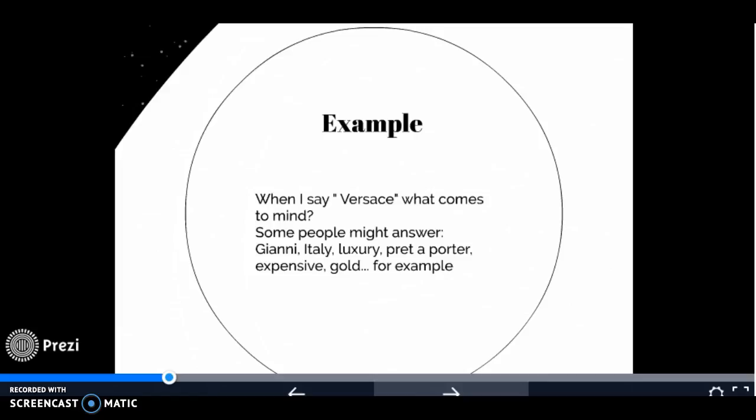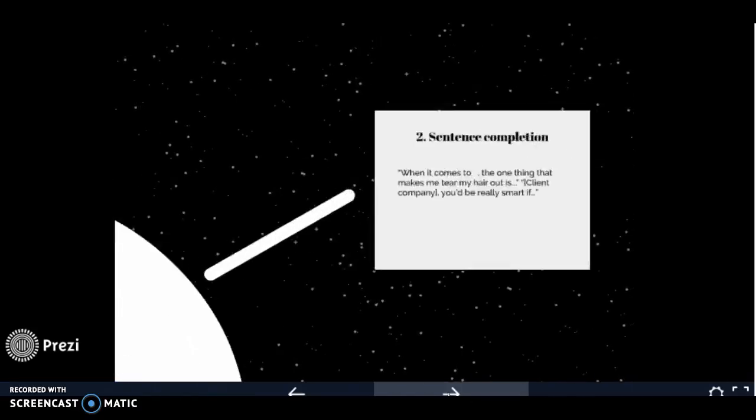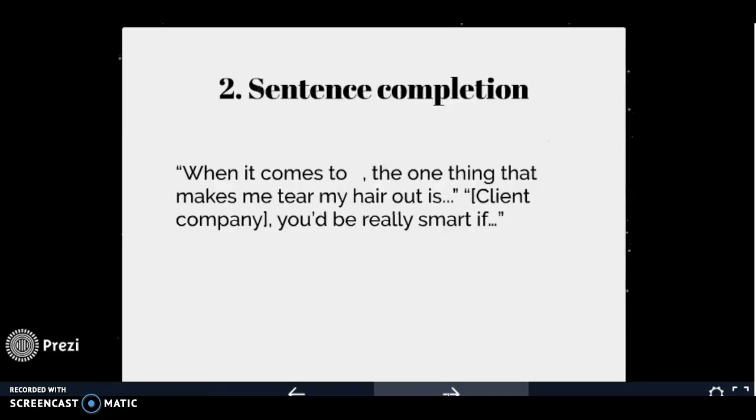Let's go for the second one, and that is going to be sentence completion. What you're trying to achieve here is to basically identify unmet wants and needs for the participants.